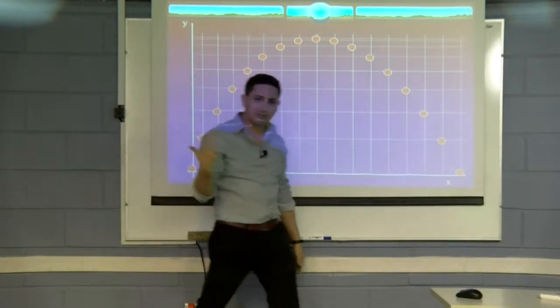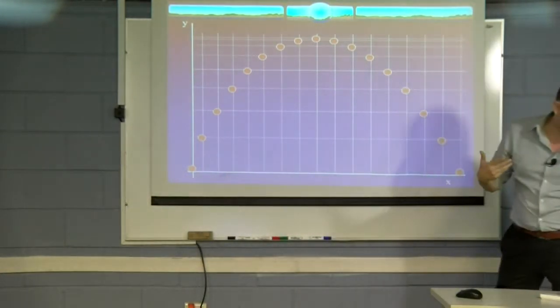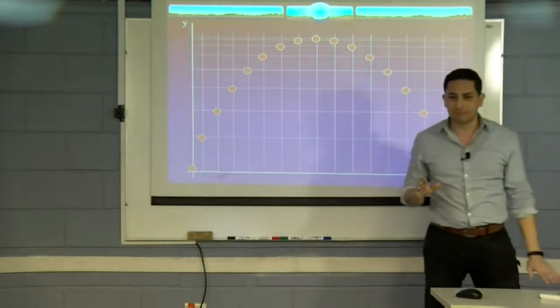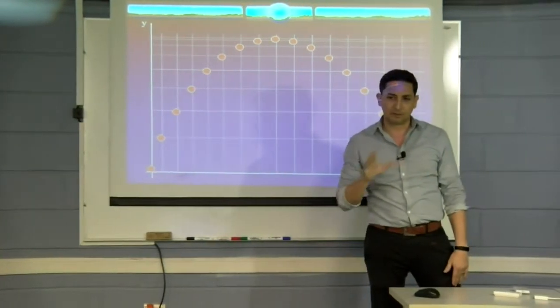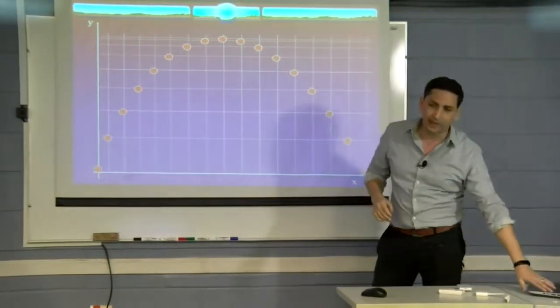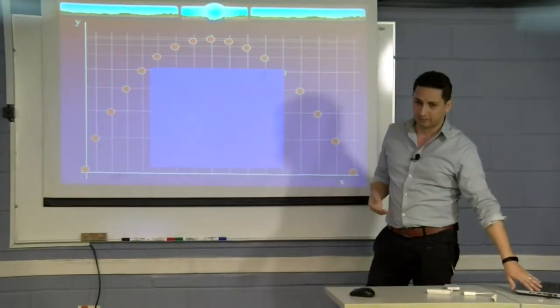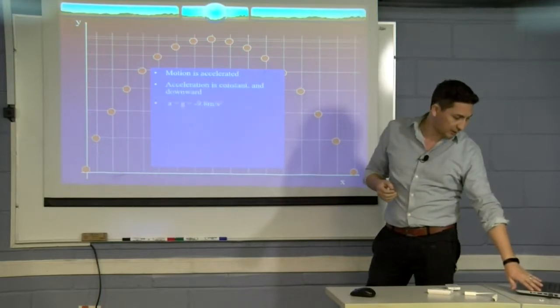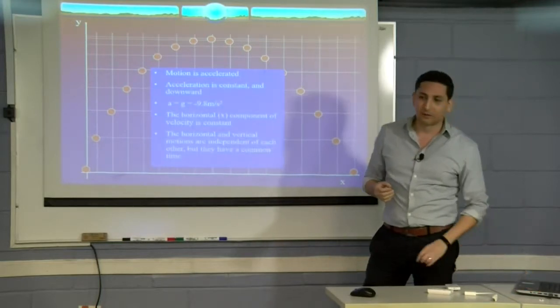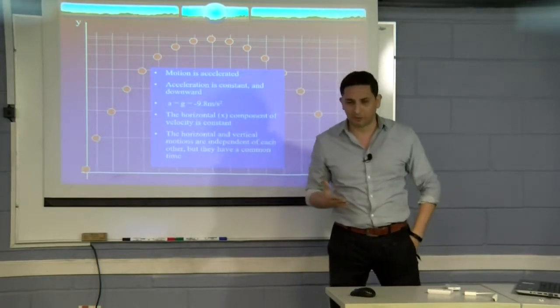Okay, so the combination of these two will use exactly the same equations, but now we will combine them. How? Well, in this way. And I'm going to show you some of the concepts that we will be using here.